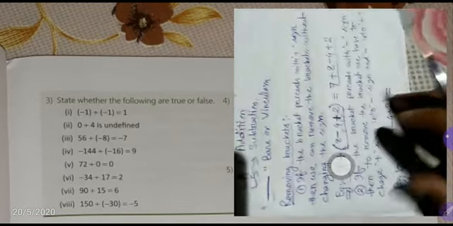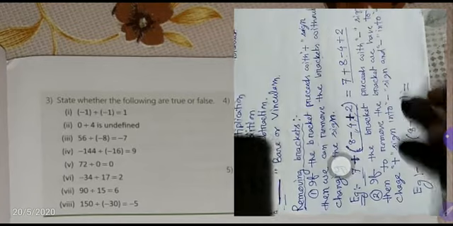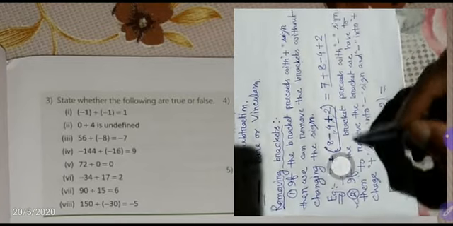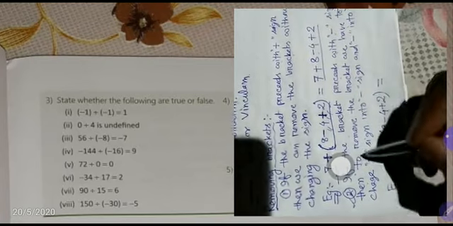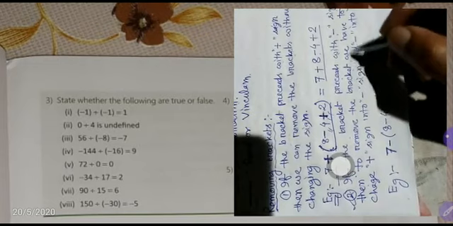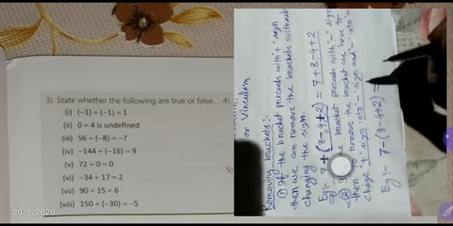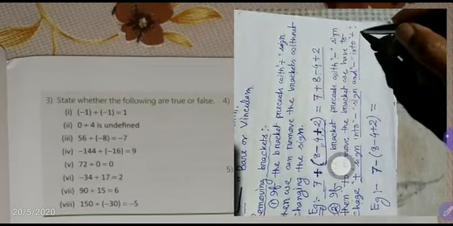Okay, so the next point you have to keep in mind. The second point: if the bracket is preceded by a negative sign, then to remove the bracket, we have to change the positive sign into negative sign and negative sign into positive sign.